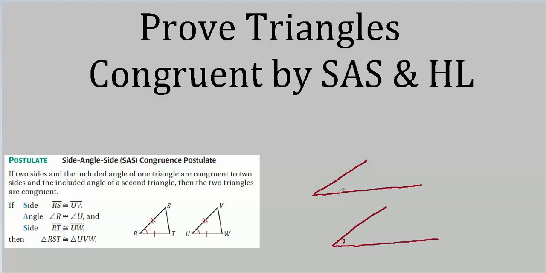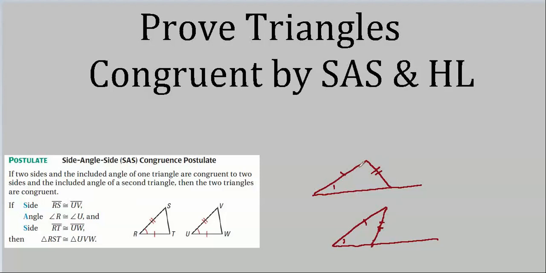We'll say that this angle equals this angle, this side equals this side. Now, watch. We'll draw a line here, and another one here. These two are exactly the same length. See what happened? These are the only two possibilities, though.